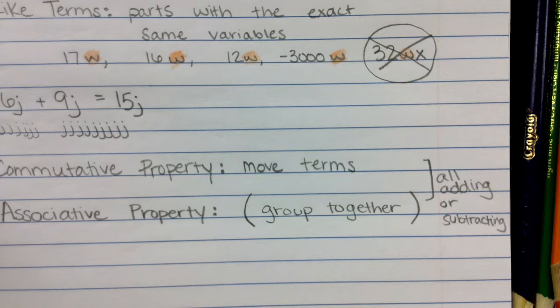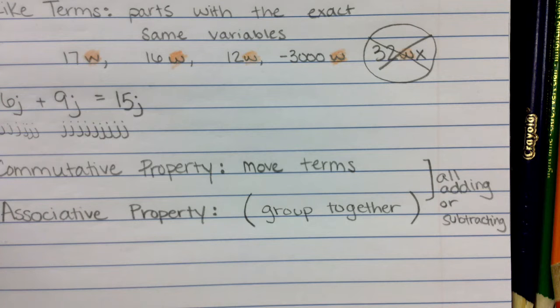So if I do 3 plus 4 plus 2, what's that? 9. Yep, totally knew that. Okay, if I switch those around, let's move them around in a different order. 4 plus 2 plus 3, so 4 plus 2, 6, 6 plus 3, 9.